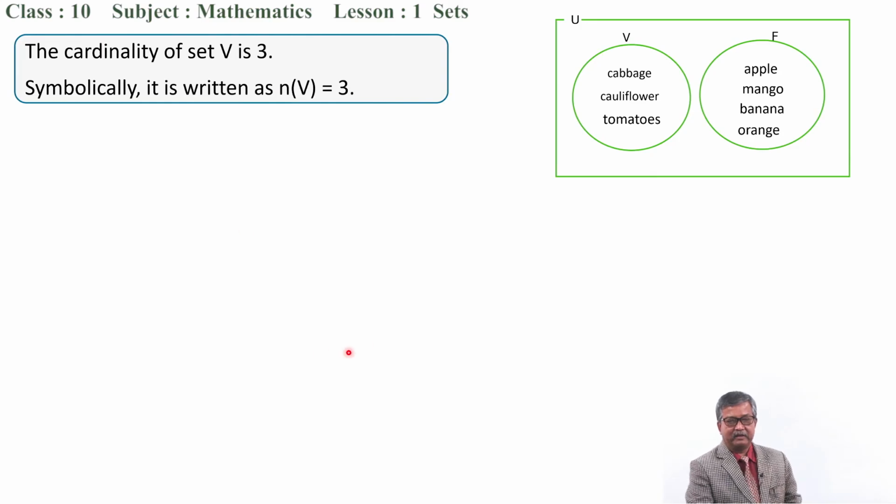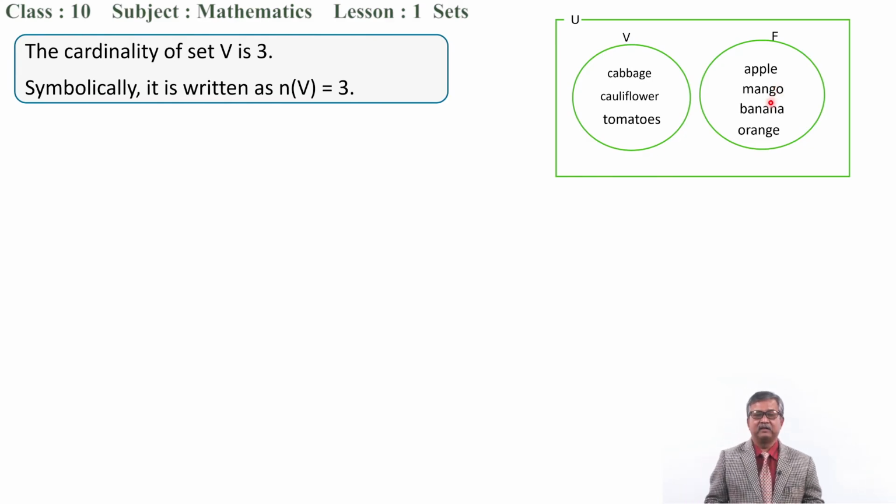Similarly, in set F, please can you tell me now how many elements are there? Good, in the set F there are 4 elements. So the cardinality of the set F is 4.